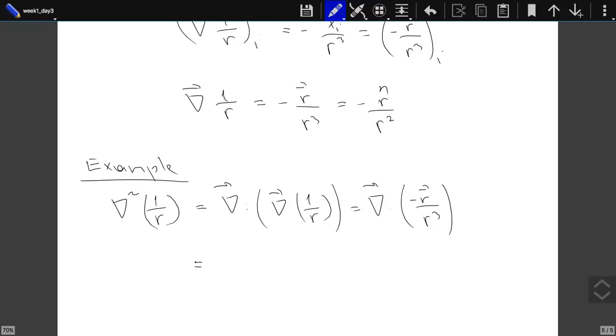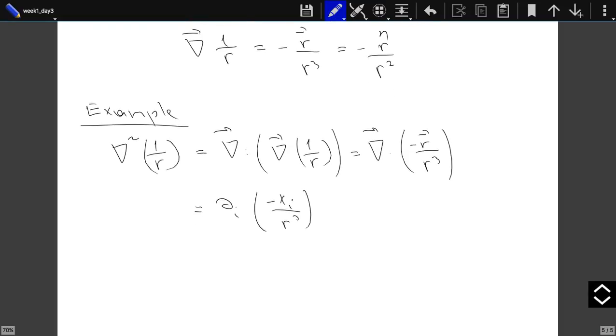So this is equal to, let's write it in terms of the components, minus xi over r cubed. This is equal to minus, well, first let's take the derivative of xi with respect to xi.